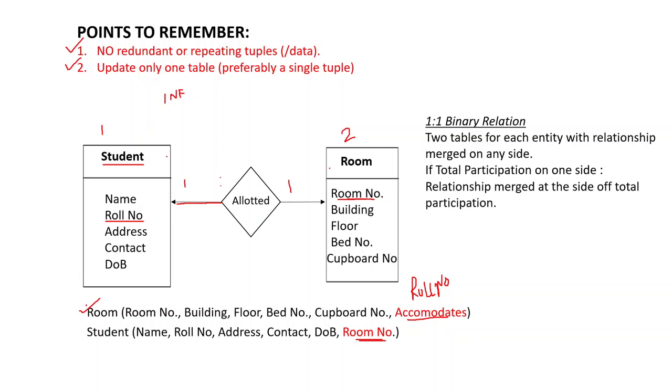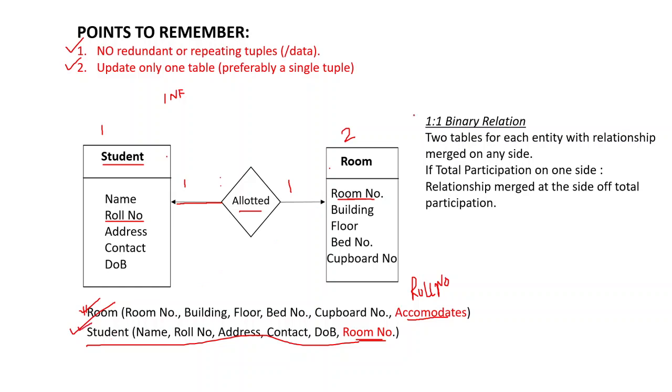So if it is a total participation case, as in this particular case of student and room, this is going to be your joining. We will have two tables, a student table and a table for the room, that is for these two entities, and the relationship that is allotted or accommodated, whatever it may be, will be merged at the total participation side, that is the student side.